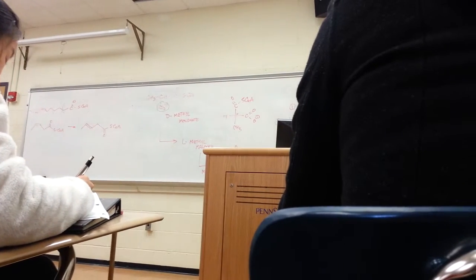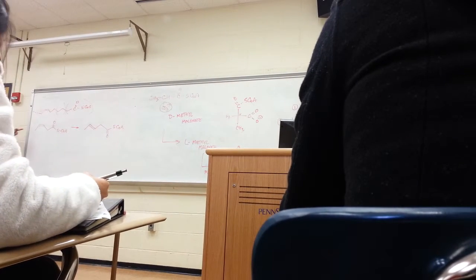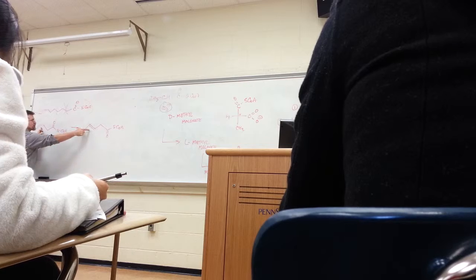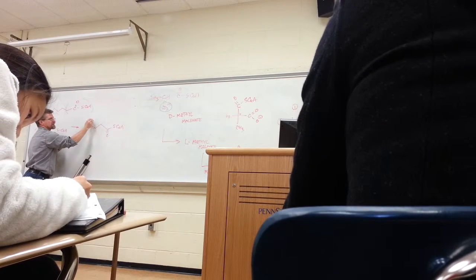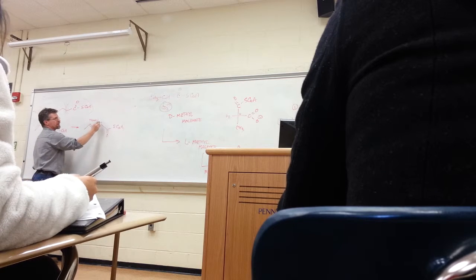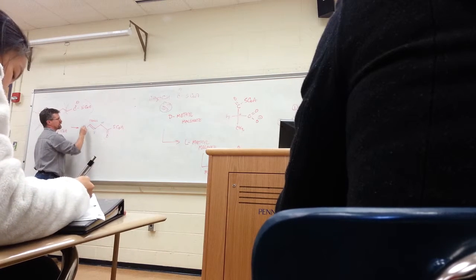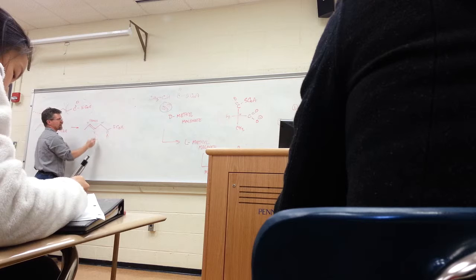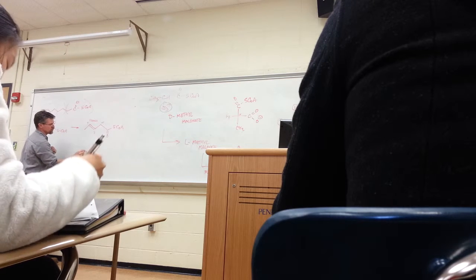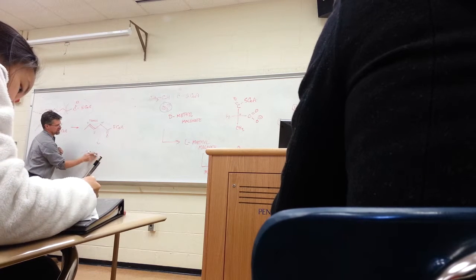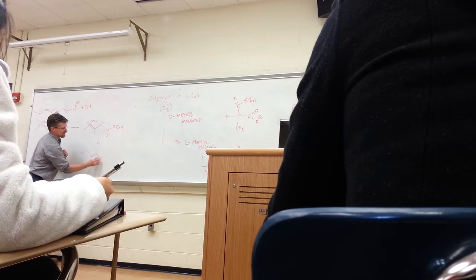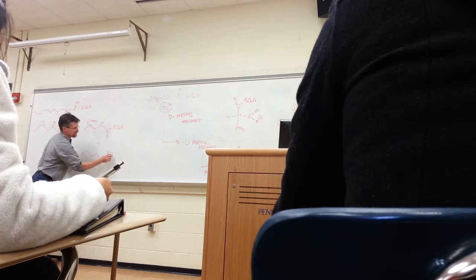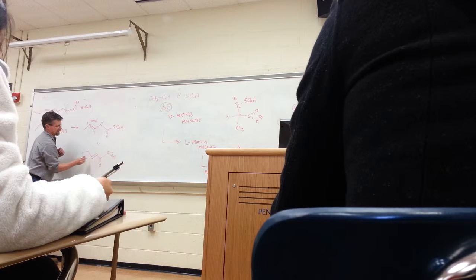An additional isomerization. Because this is just an isomerization of cis to trans. So I got cis, I'm going to go to trans. But then remember, this is the alpha, beta, gamma. I'm now going to isomerize this to that.